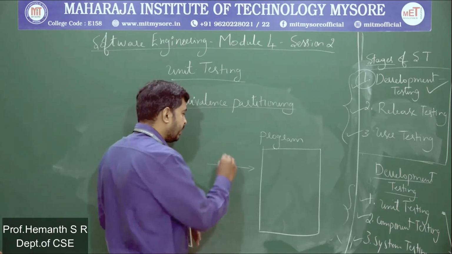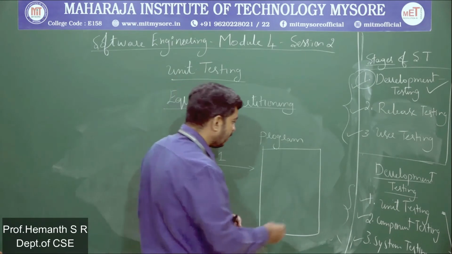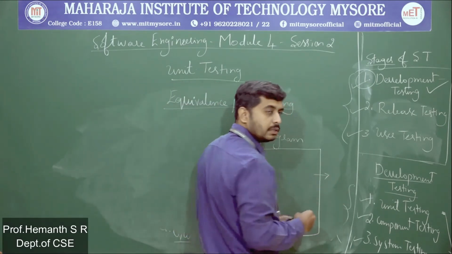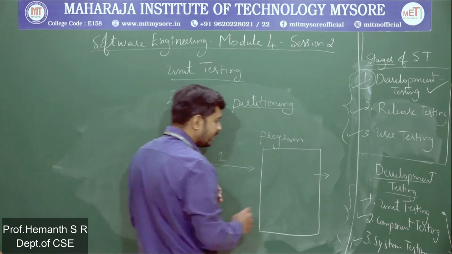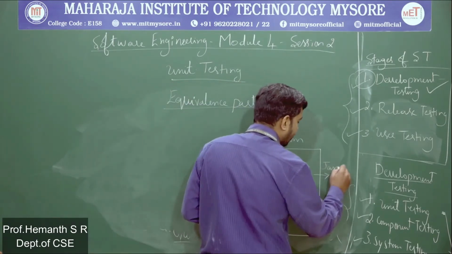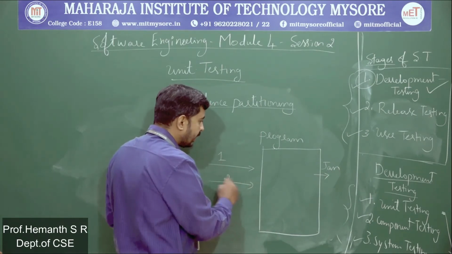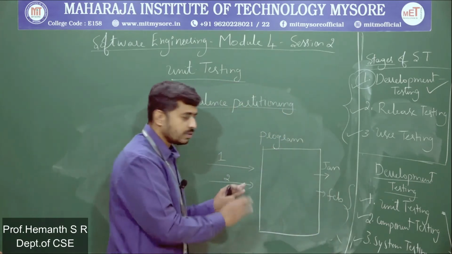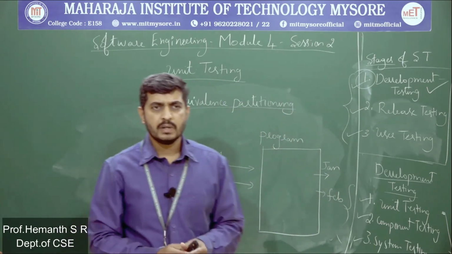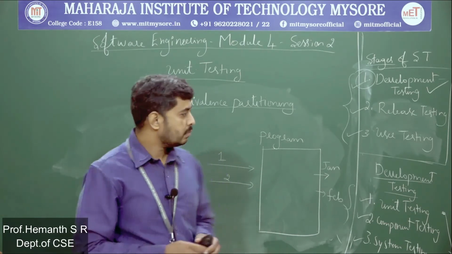For example, if I enter 1, this program will give me the corresponding month, which is the numerical equivalent. For example, if I enter 1, maybe it will give Jan. If I enter 2, it will give me Feb. We'll just take this small simple example just to understand what equivalence partitioning is.